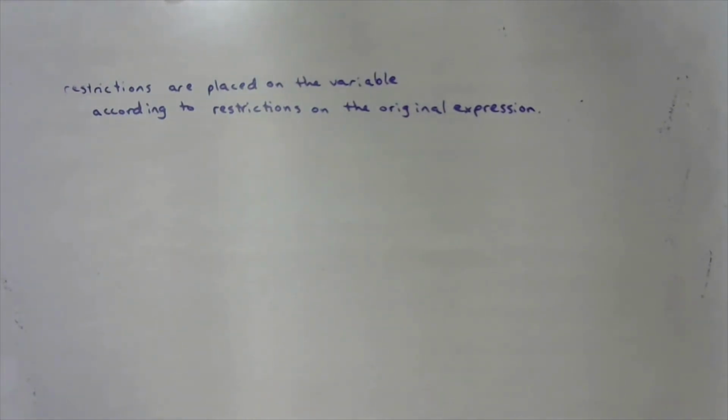Restrictions are placed on the variable according to restrictions on the original expression. So when you're writing down those restrictions, you need to look back at the original, which was log x plus log y plus log of 3x minus log of y, where you cannot take the log of a negative number or the log of 0. So that's where we find out that x must be positive and y must be positive.